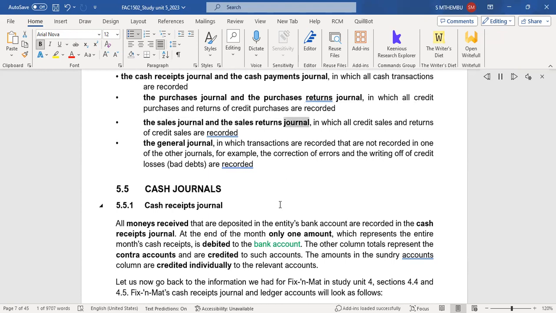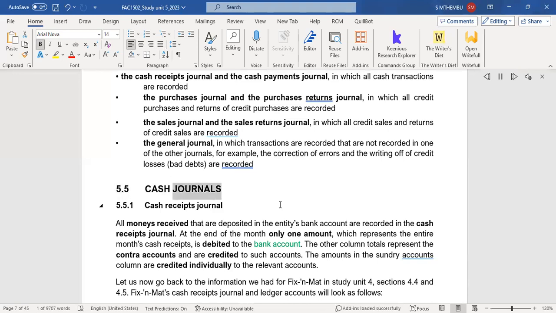The sales journal and the sales returns journal, in which all credit sales and returns of credit sales are recorded. The general journal, in which transactions are recorded that are not recorded in one of the other journals, for example, the correction of errors and the writing off of credit losses, bad debts.